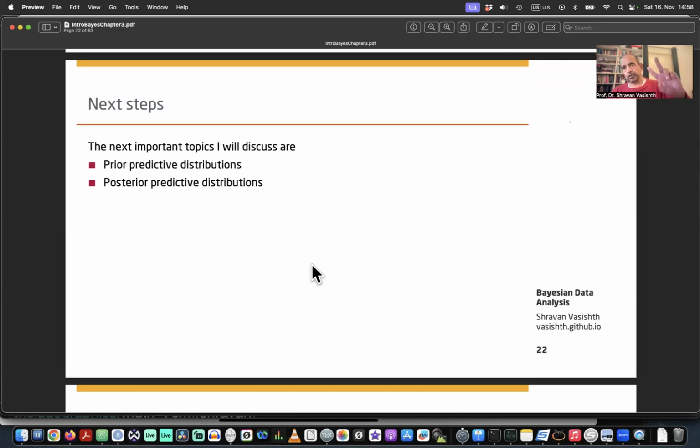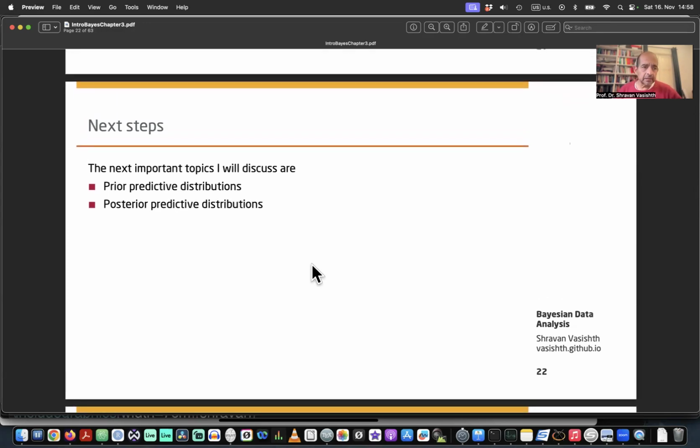Two important things that are standardly part of the Bayesian approach to data analysis are doing prior predictive checks and posterior predictive checks. This is not something that we normally do in the frequentist framework. And indeed, you can't do prior predictive checks in the frequentist framework because there are no priors.